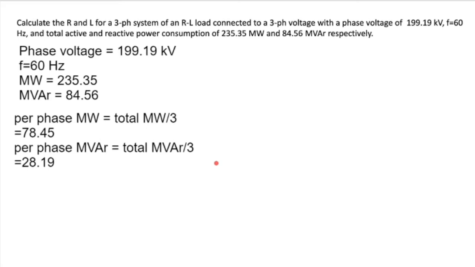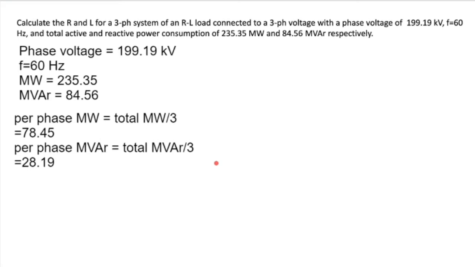This is per phase, because we're calculating per phase, and the answer is 83.36. That's the correct answer. It should not have taken so long, right?